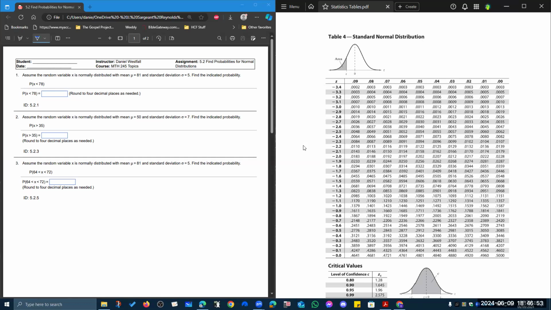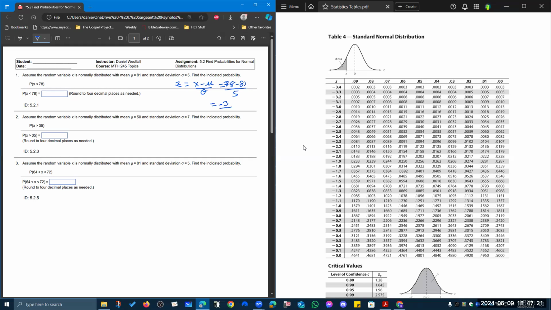So we want the probability of x being less than 78. I'm going to have to say z is equal to x minus mu over sigma, and say that x is 78, and mu is 81 and sigma is 5. So 78 minus 81 is -3.